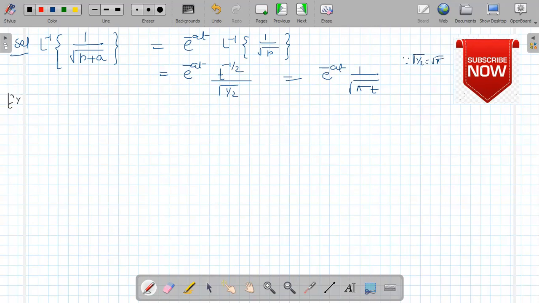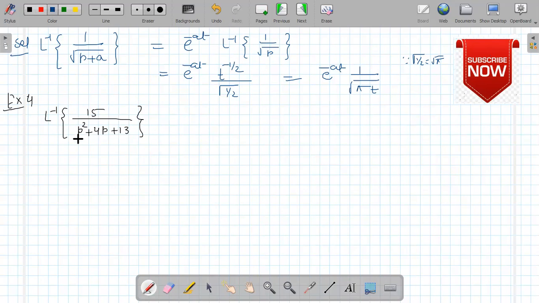Next example is, I think it's example number 4. Find the Laplace inverse of 15 upon p square plus 4p plus 13. Okay.